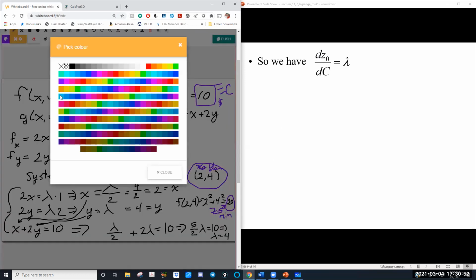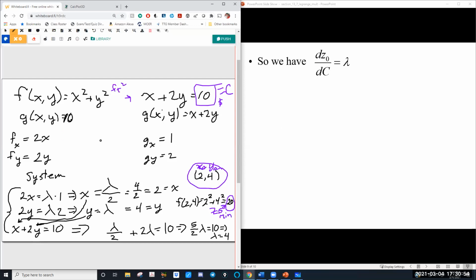Let's go to our example here where we have some numbers to work with. Let's say we're able to increase our budget by $1. So we increase C to $11. So that's an increase of $1. We would expect our optimal value to increase by about lambda.